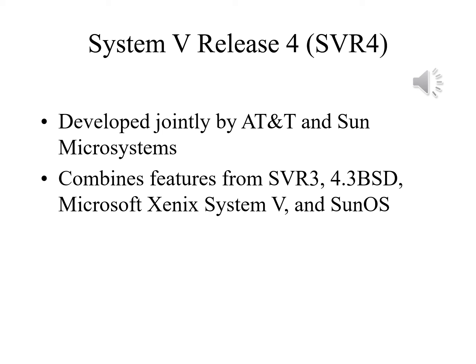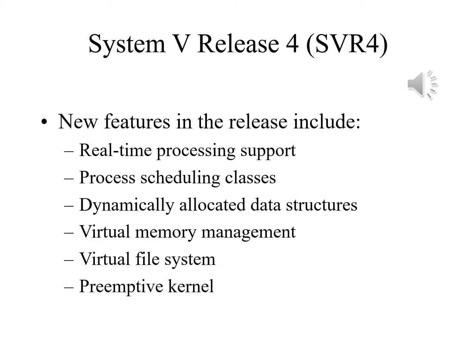It was almost a total rewrite of the System 5 kernel and produced a clean, if complex, implementation. New features in the release include real-time processing support, process scheduling classes, dynamically allocated data structures, virtual memory management, virtual file system, and a preemptive kernel.